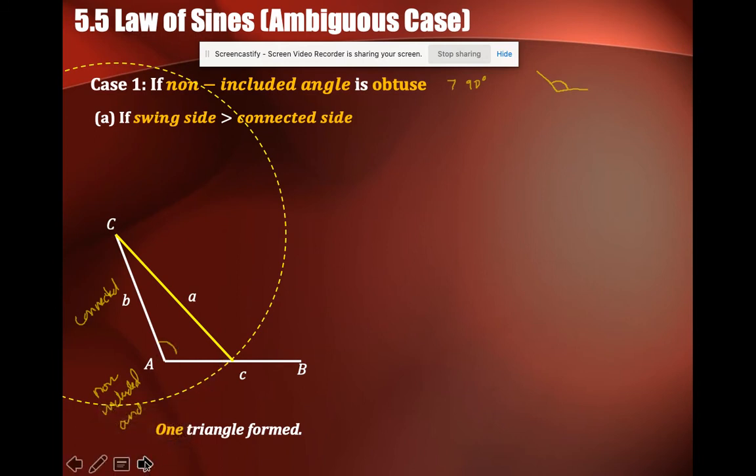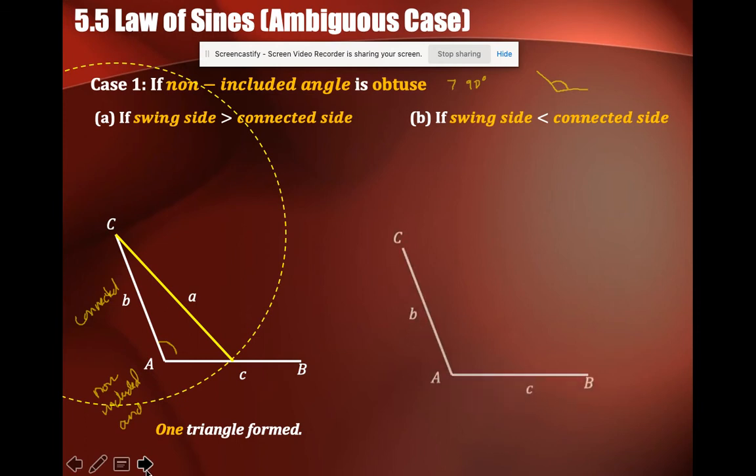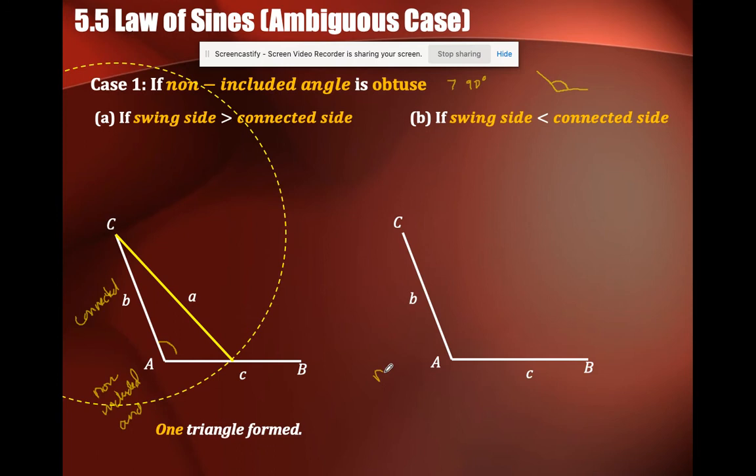Or what's the other case? If the swing side is smaller than the connected side, what happens? There's my non-included angle. Here's the connected side. Now I'm going to draw my swing side. This time I drew the swing side that was longer than. Now I draw a connected side that's shorter. Look at the circle I make with that radius.